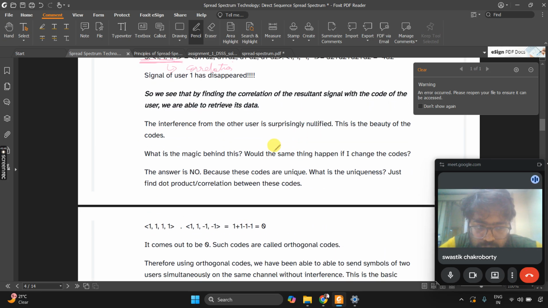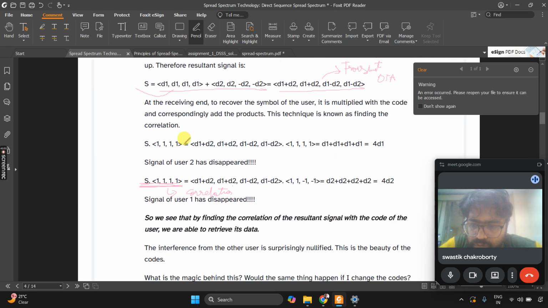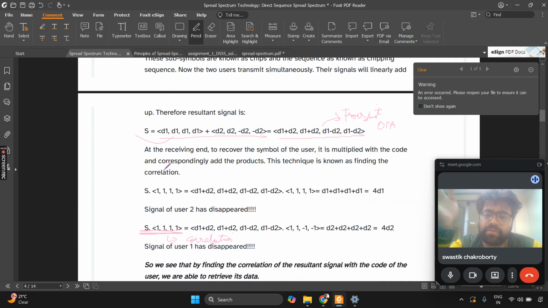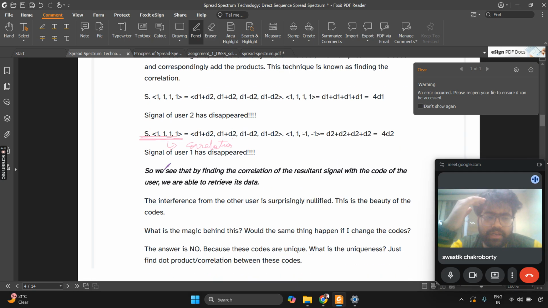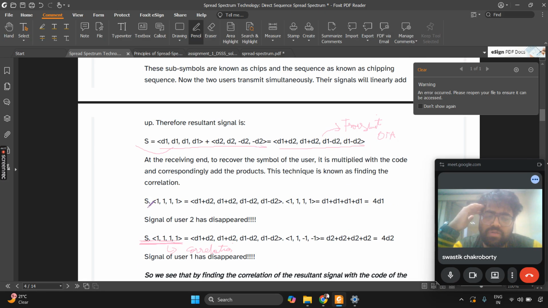The only way this is possible is if the user codes are orthogonal. If you multiply with 1 1 minus 1 minus 1, you get d2. But if you try multiplying with some other code, such as minus 1 minus 1 minus 1 minus 1 or minus 1 minus 1 1 minus 1, you will not retrieve d1 exactly. You will retrieve d1 plus something, which is not the intended message.